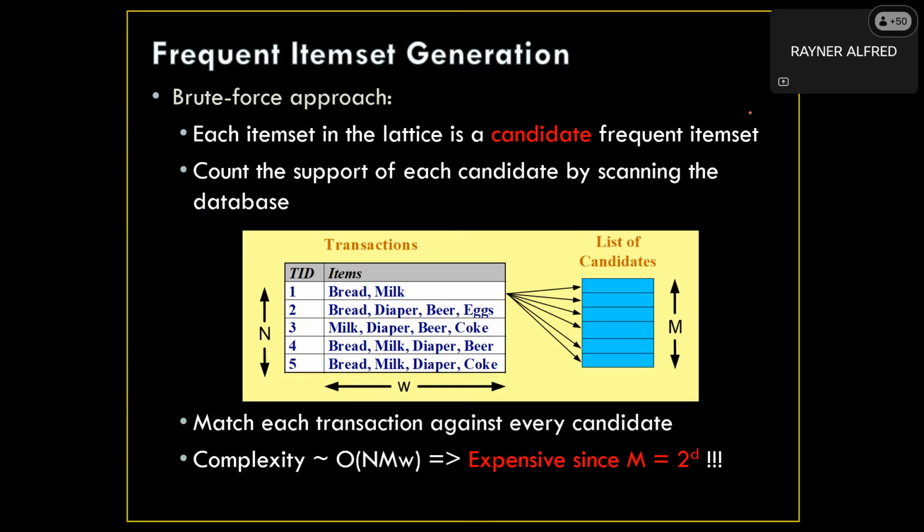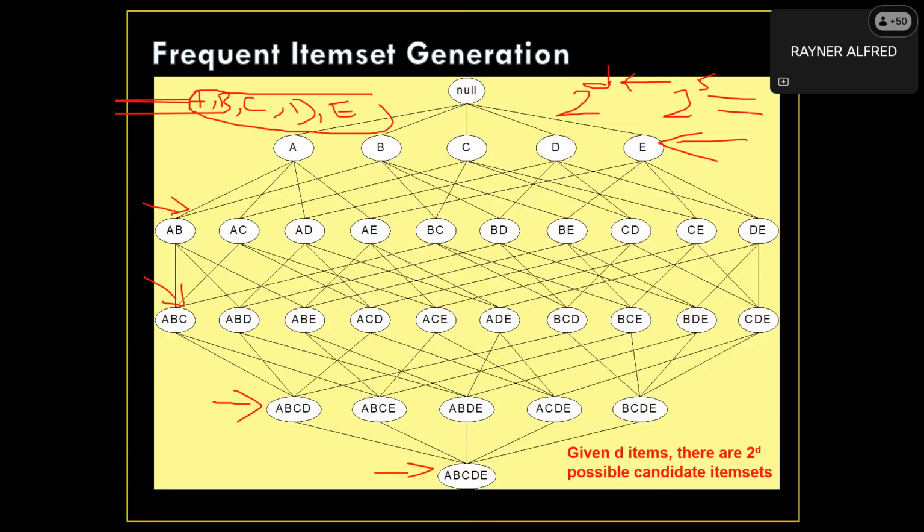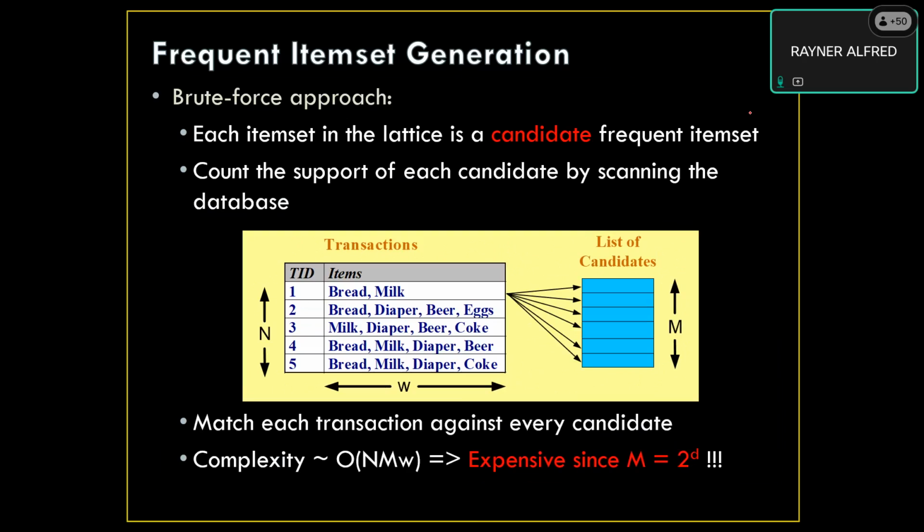Okay, so the number of possible candidates here is 32. Looking at the number of computations, we have the list of candidates, the number of items, and the number of transactions.